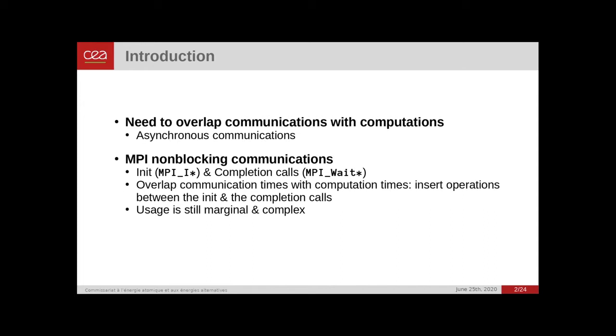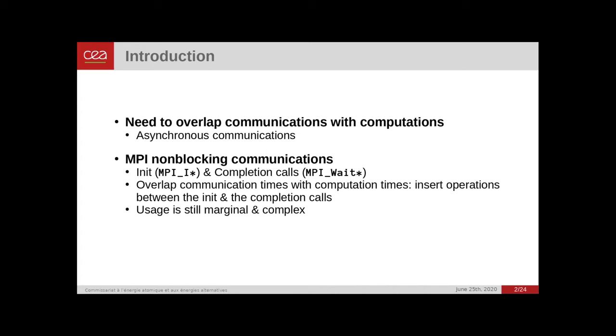For that, we can resort to asynchronous communications. The idea is that we will parallelize the communications and the computations. The communications are performed independently on, for example, a dedicated progression thread or on a capable network interface controller. At the same time, the computation is still performed on the computing node. MPI allows the use of asynchronous communication through its non-blocking mode.